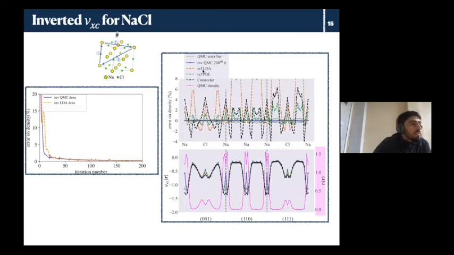Compared to DFT functionals, they are really similar. The only difference you can see is on the sodium atom and the chlorine atom.